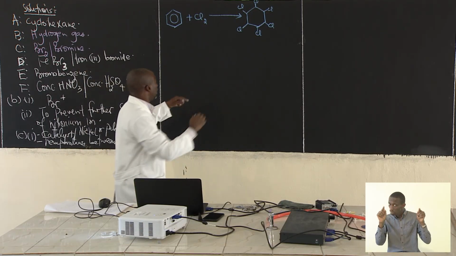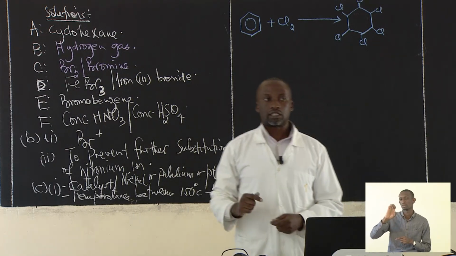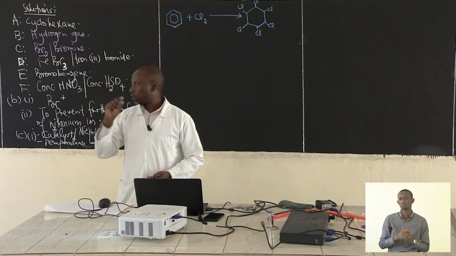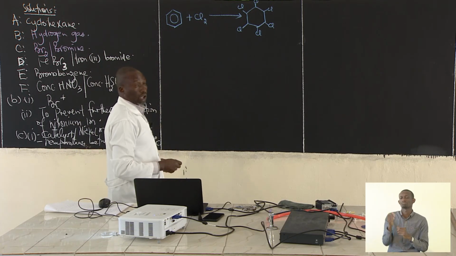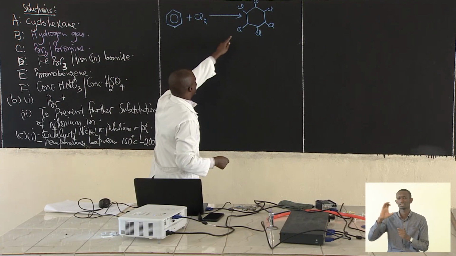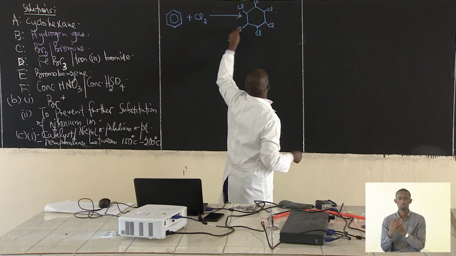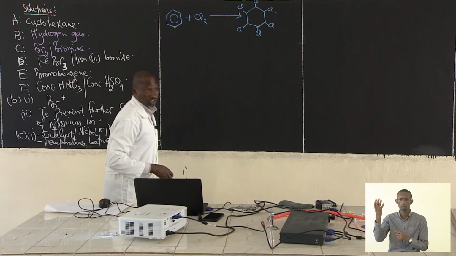So you don't need the delocalized pi system there, because it is an alkane with carbon atoms joined to other carbon atoms with a single bond. So how many chlorine atoms are these? 1, 2, 3, 4, 5, 6. And you have these 2.